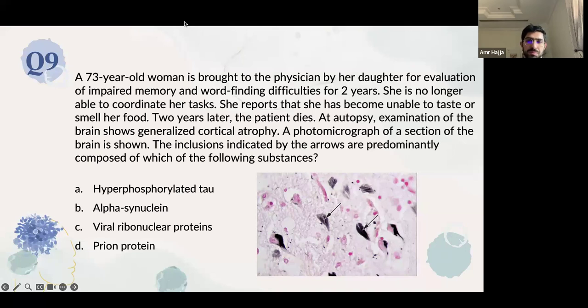Bravo. Alzheimer's. Okay, so here the question is pointing towards Alzheimer's disease, and it's highlighting hyperphosphorylated tau protein as shown in this image. So question 10.